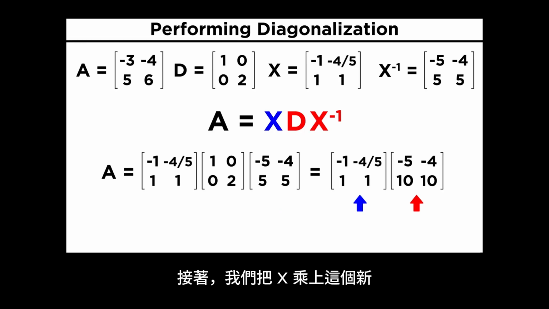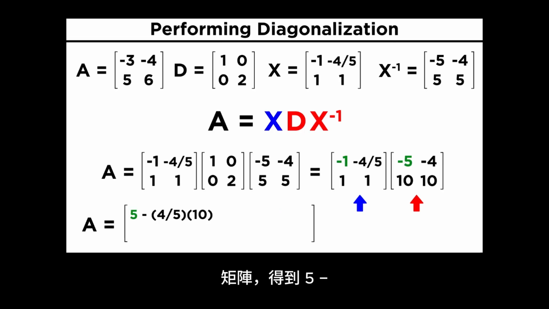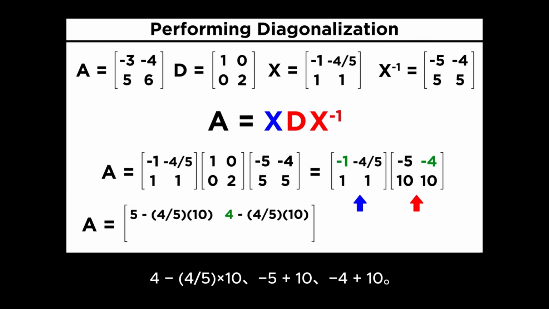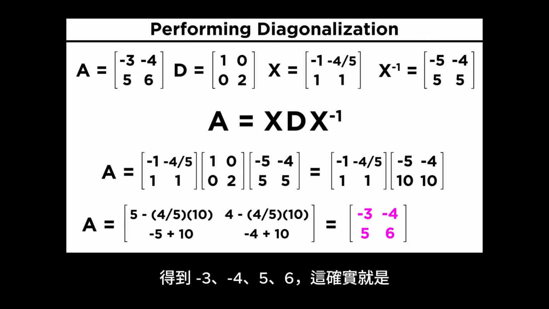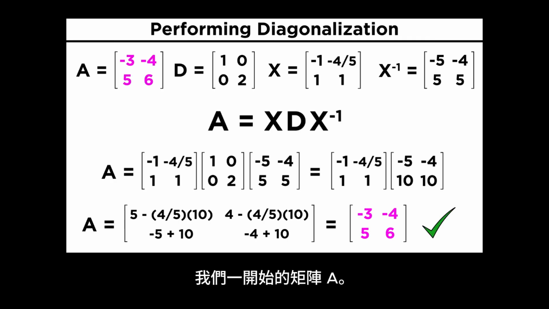Next, we will multiply X by this new matrix, giving us 5 minus 4/5 times 10, 4 minus 4/5 times 10, -5 plus 10, -4 plus 10. This becomes 5 minus 8, 4 minus 8, 5, 6. We end up with -3, -4, 5, 6, which was indeed the matrix A we started with.